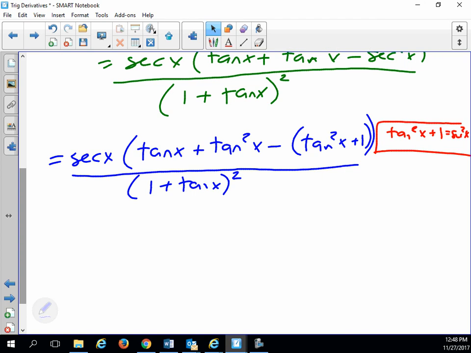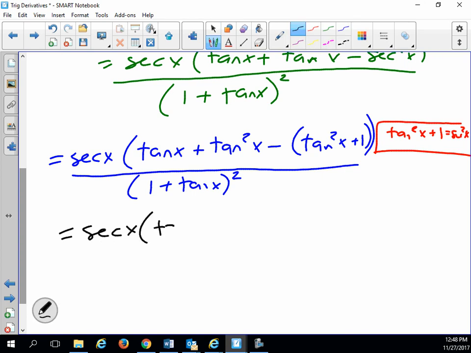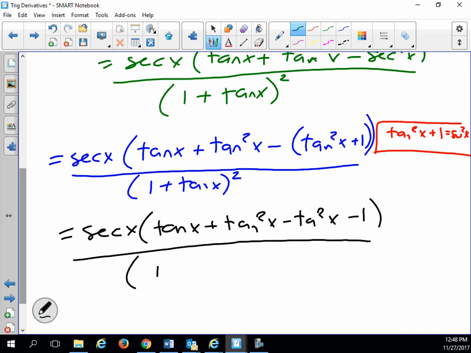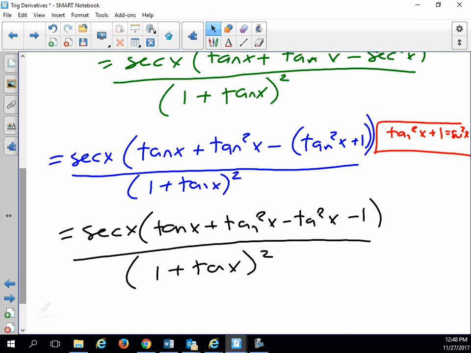And oh look, that gives me secant x times tangent x plus tangent squared x minus tangent squared x minus 1. Those cancel out.